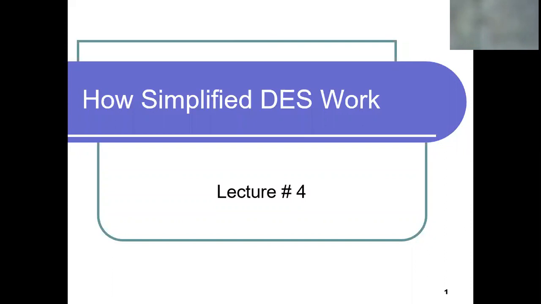What I would like to present to you today is all about simplified DES. Last time, we discussed one version of DES on 12 bits, and now we are discussing another modification and a simplified form of DES, data encryption standard, with 8 bits.